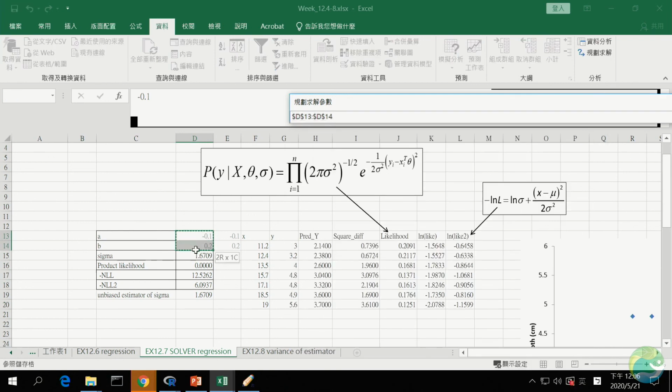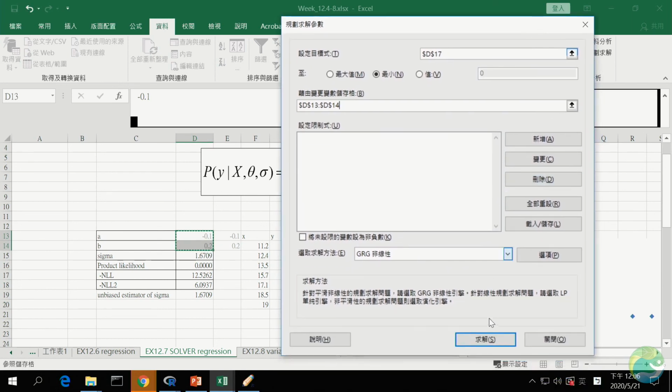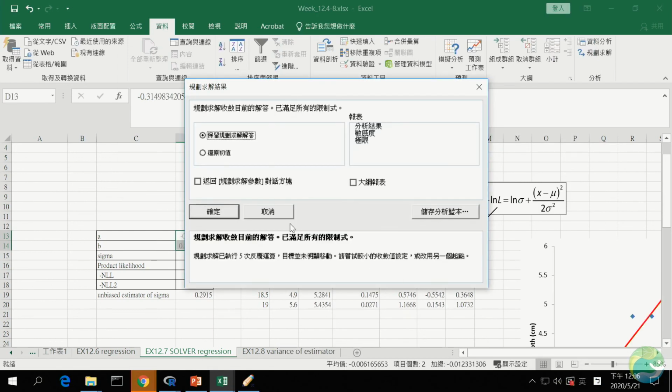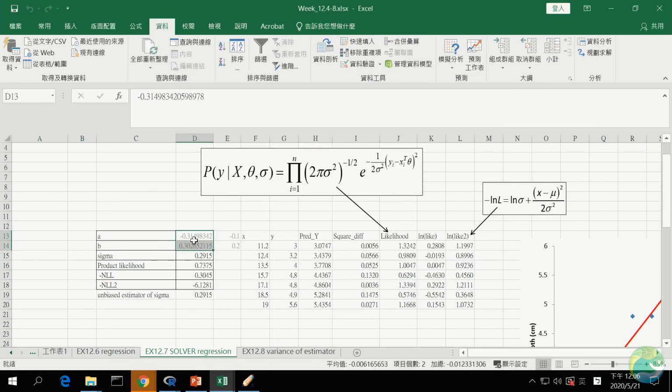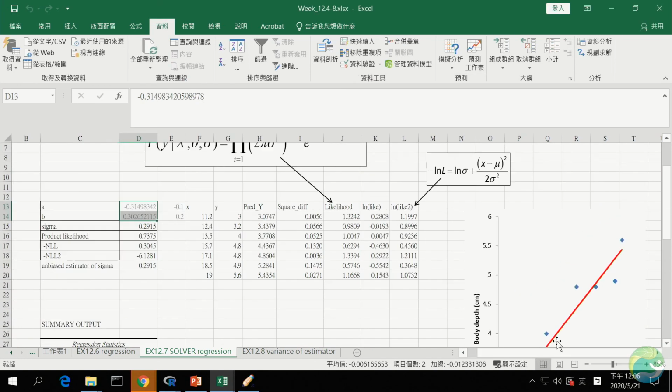A and B are two parameters we want to solve. So we do the optimization. So this is the result, based on the maximum likelihood method by assuming normal distribution assumption. Okay?